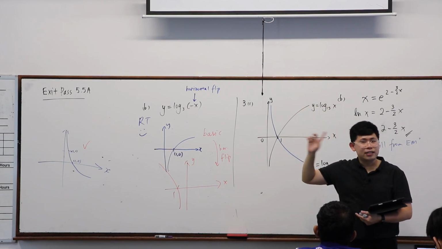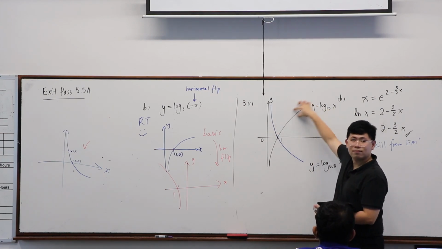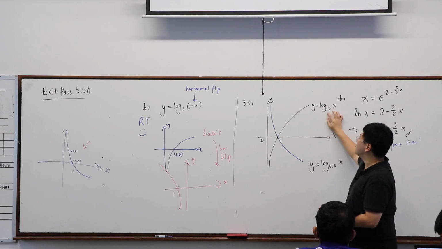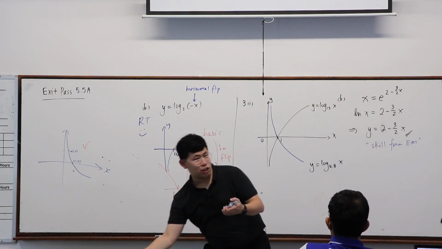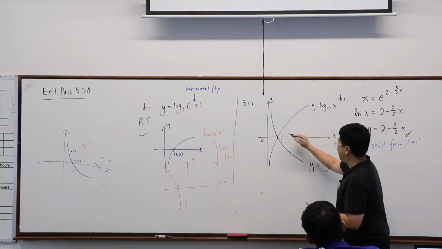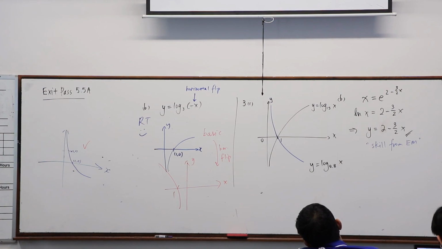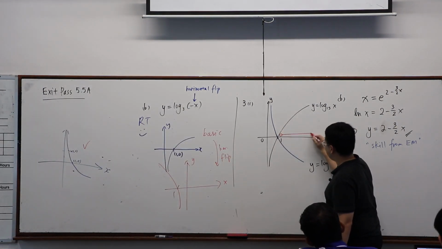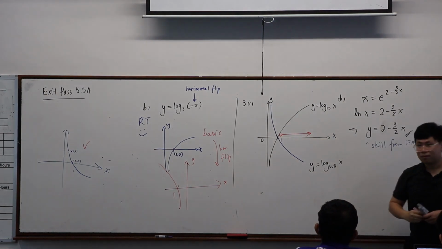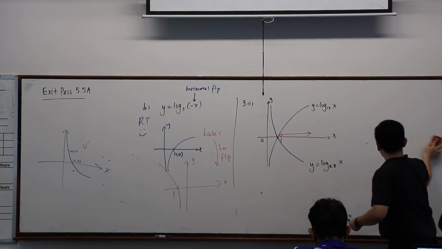The graph is more than 0 at this portion, so the x will need to follow this portion.